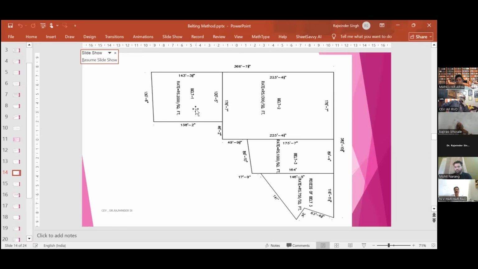You will be applying first belt rate is 2000, 66% approximately 1300. Then for 1750, as we go, the rate will go on reducing, not only on this side but also along this side.